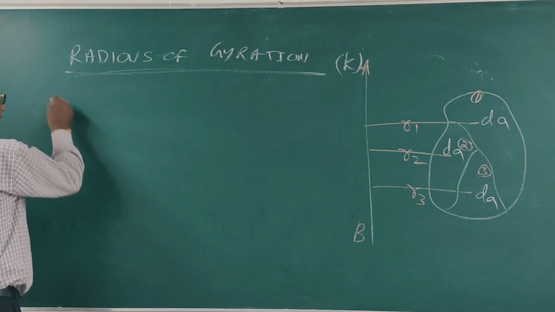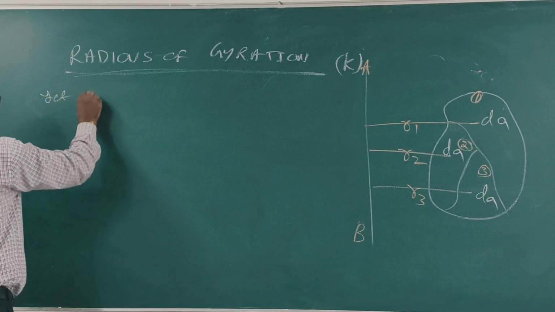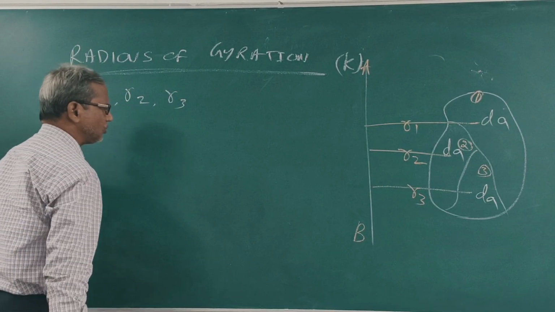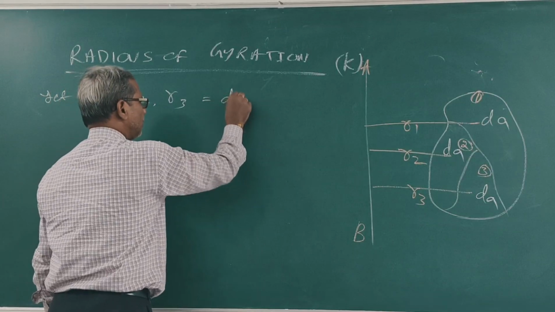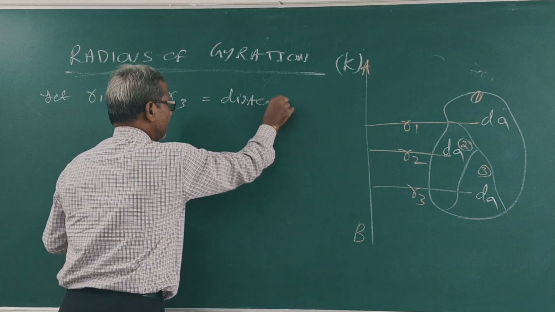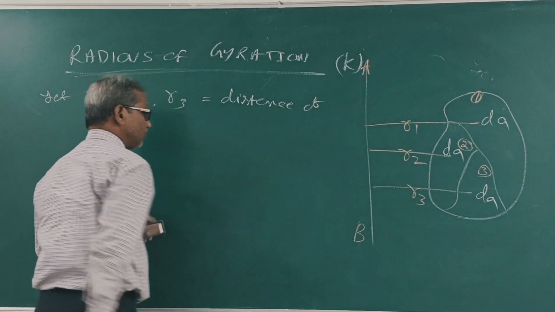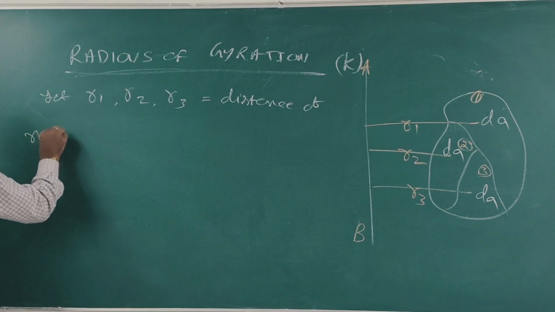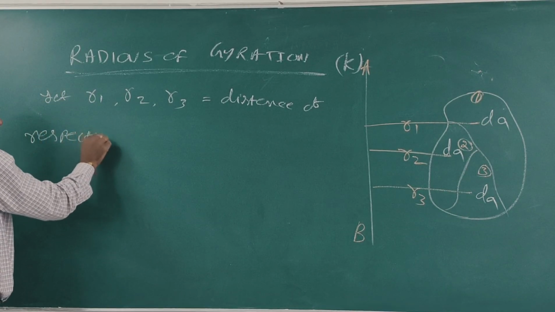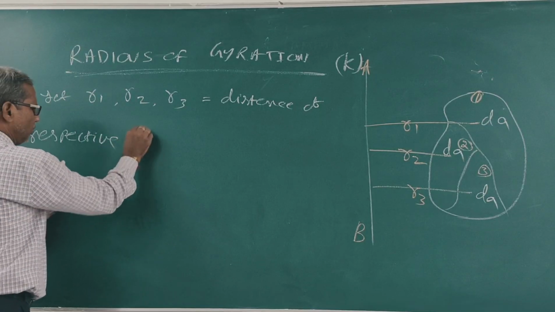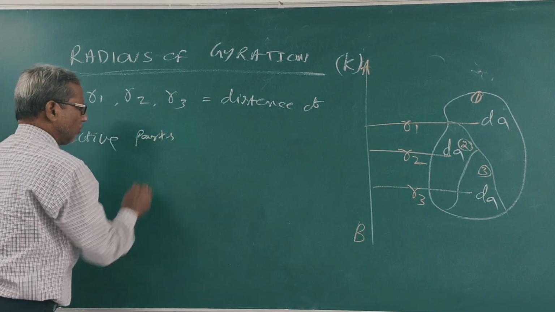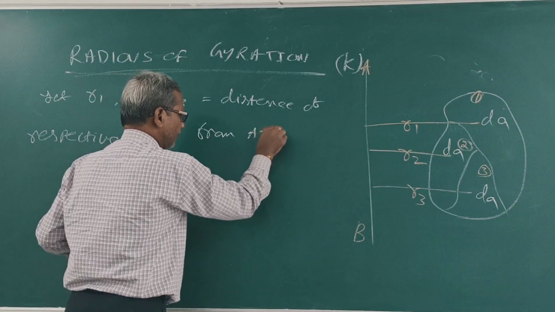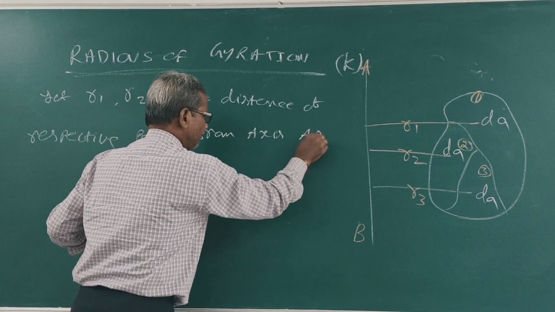Let R1, R2, R3 be the distances of the respective parts from axis AB. Clear?